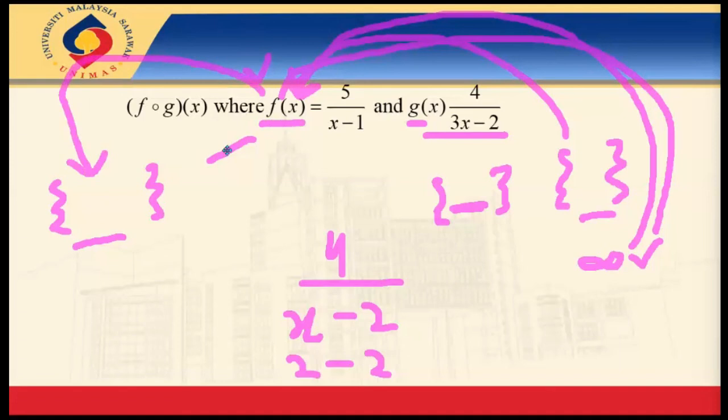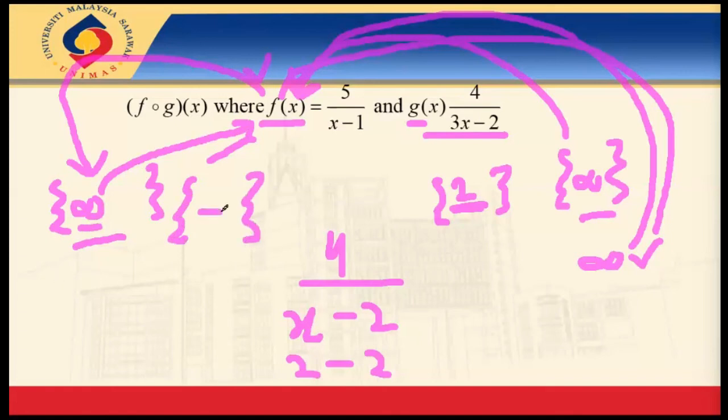If this one is already infinity, it cannot generate anything, so the problem actually starts from this 2, right?